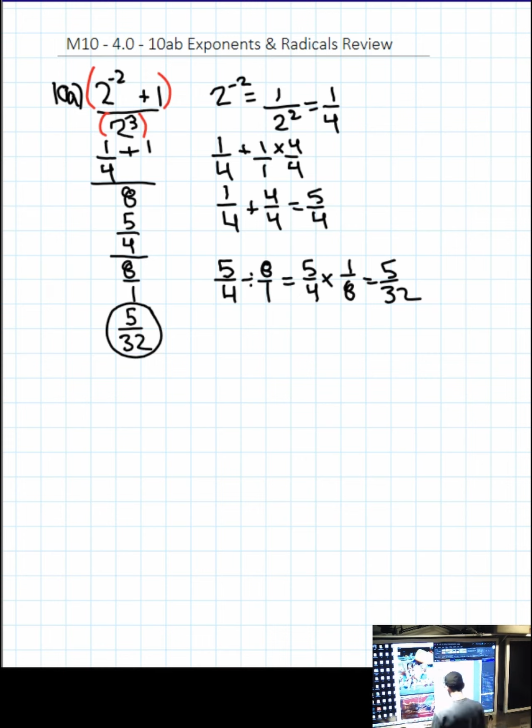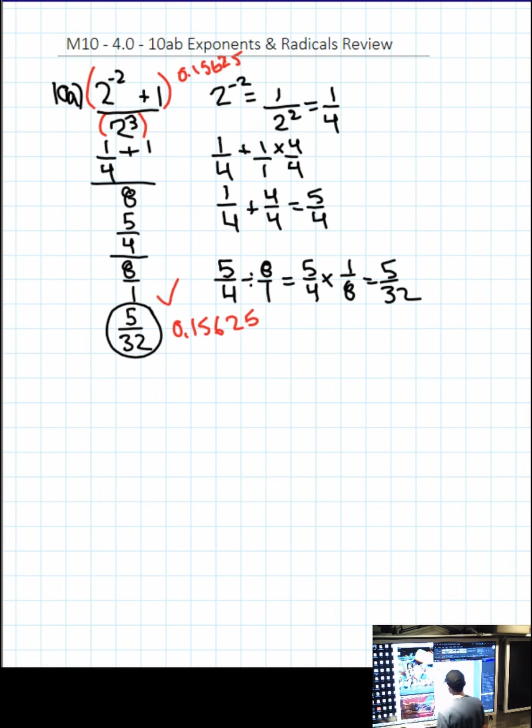So if I type that in exactly like that, bracket 2 to the exponent negative 2 plus 1, close bracket, divided by 2 cubed, I'm going to get 0.15625. Now I'm going to type in the answer, 5 divided by 32, and I'm going to get 0.15625. So I know my answer is correct.